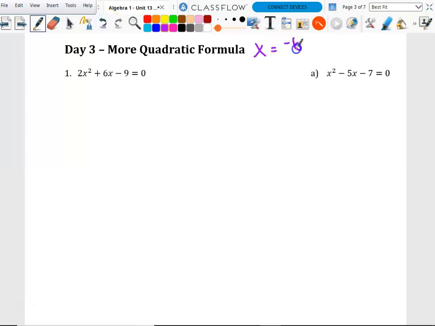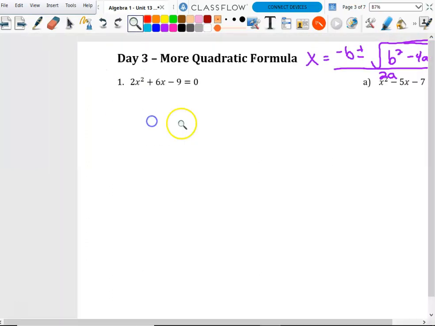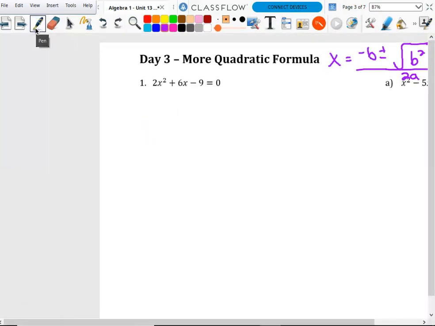Negative b plus or minus the square root of b squared minus 4ac all over 2a. So we're going to use the exact same formula. And if you look at this first problem, if I tried to do this, don't write this down, just listen.